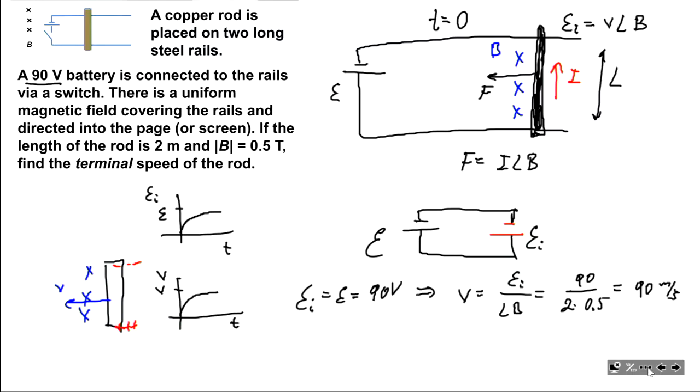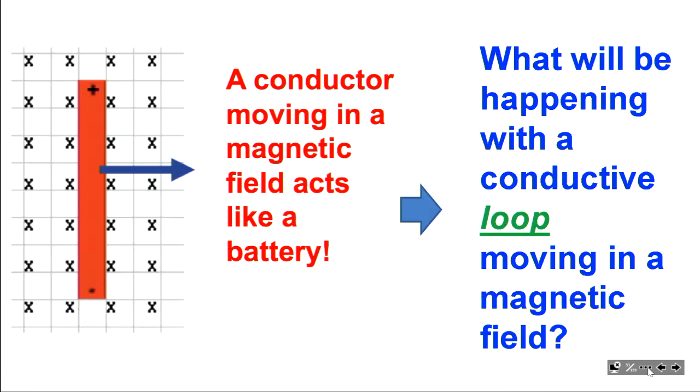Of course, when we just need to solve a problem, we don't really think about the process which leads to establishing that terminal velocity, to that regime. We know it happens eventually, and we just write equations.